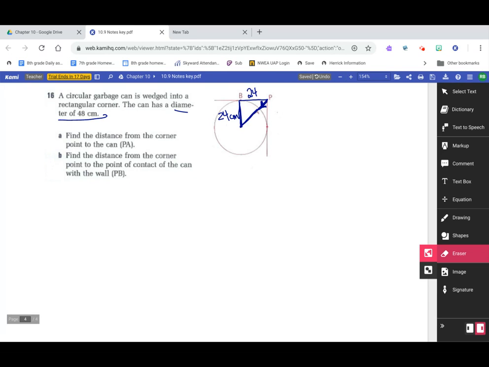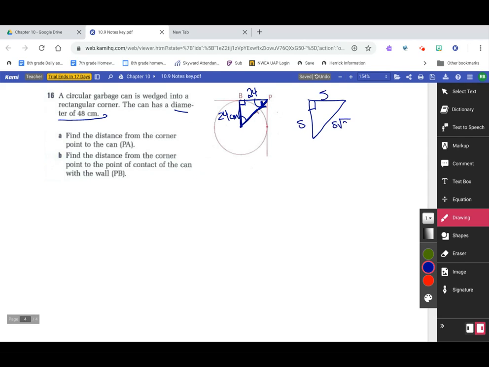It's specifically a right isosceles triangle, because if this is a right angle, then we have two sides, two legs that are the same. So if sides, then angles, we know we have a 45, 45, 90. And the special for a 45, 45, 90 would be S root 2. So that means this hypotenuse is 24 root 2.